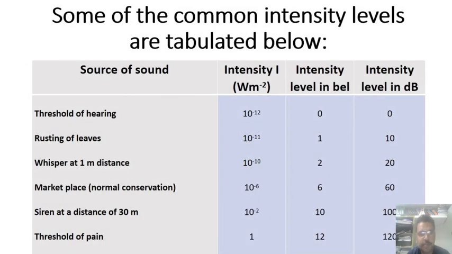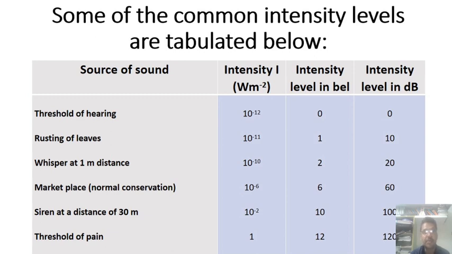Now we can observe some of the common intensity levels tabulated below. Sources of sound with three different intensities: intensity 1, intensity 2, intensity 3, with very different ranges. The first is in watts per meter squared, the second is in bells, and the third is in decibels. Threshold of hearing: intensity is 10 to the power minus 12, and the levels are 0.